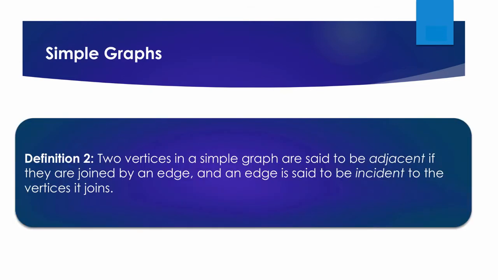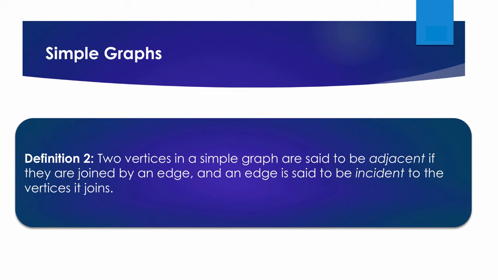The second definition is describing symbolic graphs. Two vertices in a symbolic graph are said to be adjacent if they are joined by an edge, and an edge is said to be incident to the vertices it joins.